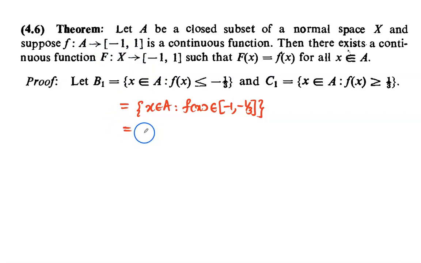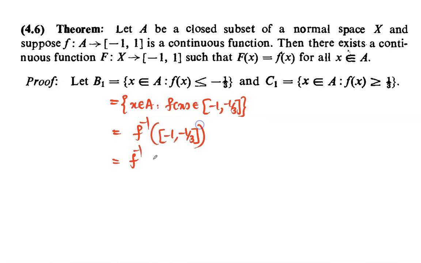Therefore, we can express B1 as the inverse image of the closed interval [-1, -1/3]. And we know that this closed interval can be expressed as the intersection of the subspace [-1, 1] and some closed set, say the closed interval (-∞, -1/3] itself.